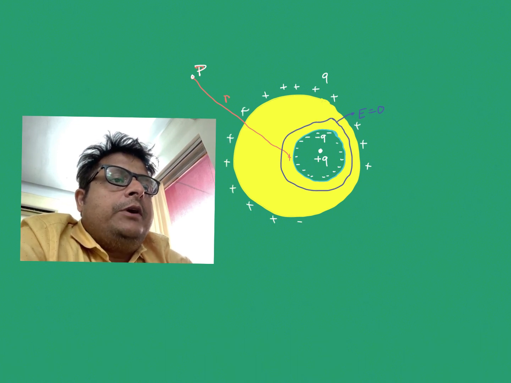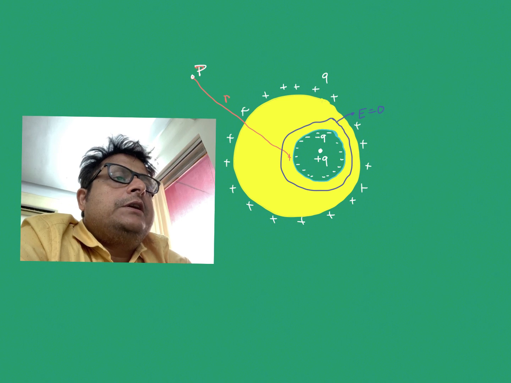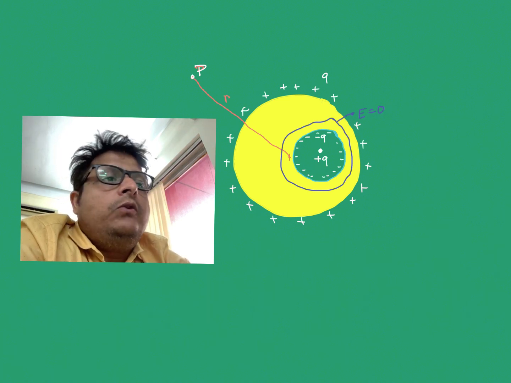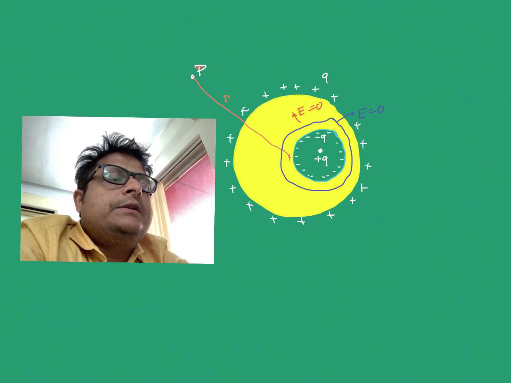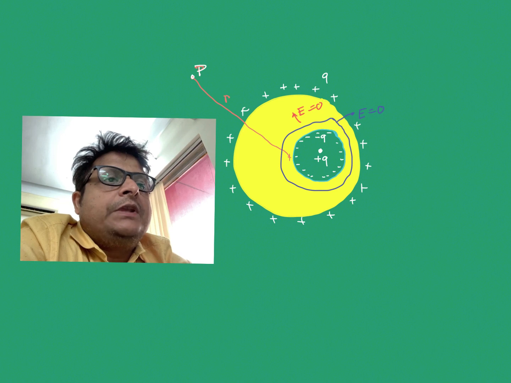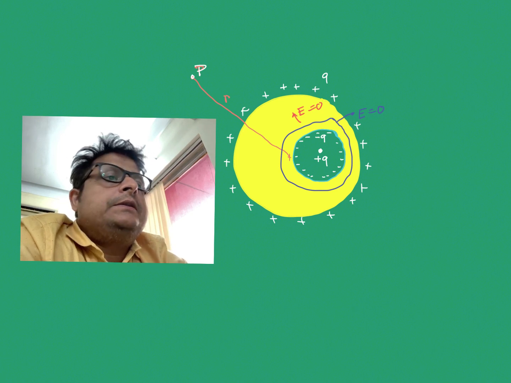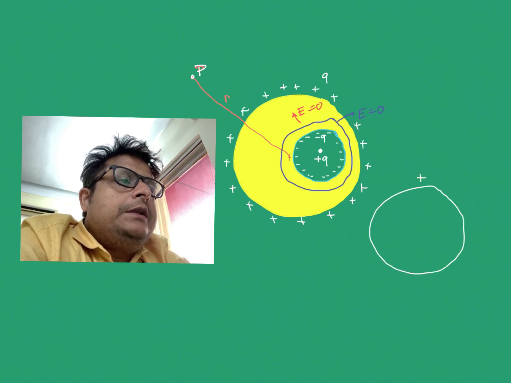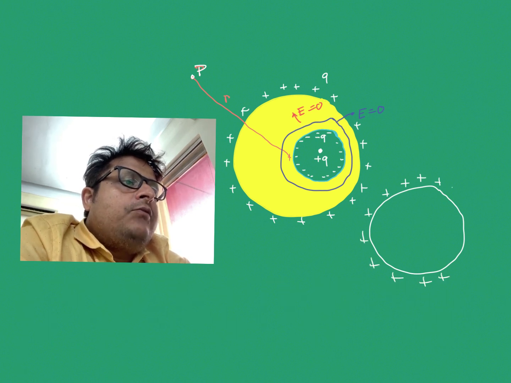Now see this point: the charge q is settled on the outer surface of the conducting sphere, while no electric field crosses here. At all points inside, this electric field is 0. So if I draw this again, this charge q lands up on the outer surface of the sphere, and it has no knowledge of what is happening inside the sphere.